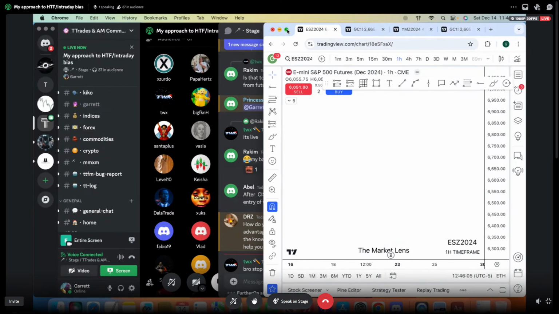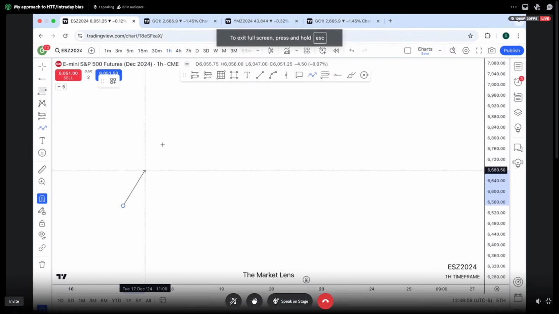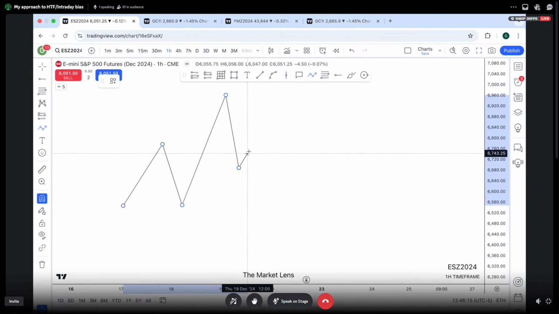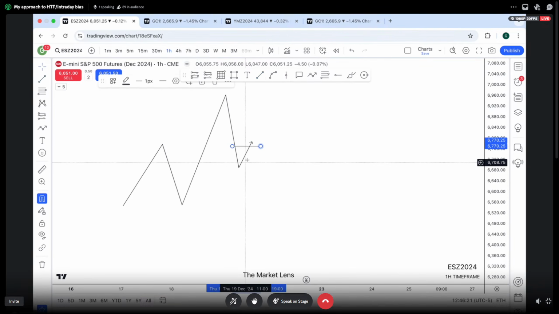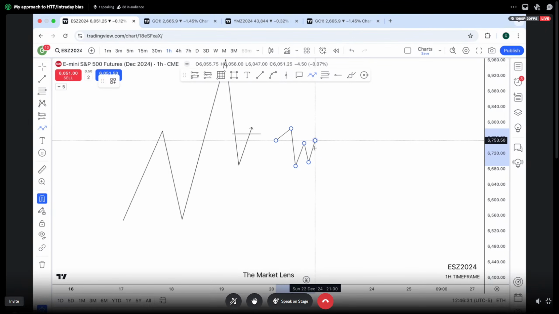Some would say a CSD is a form of confirmation. Let's say we have a range, right? We come into the range and we get some sort of CSD in here. But if there's failure swings, you're going to have something like this. Let's say it's the lower time frame here. And you're counting this as a CSD.